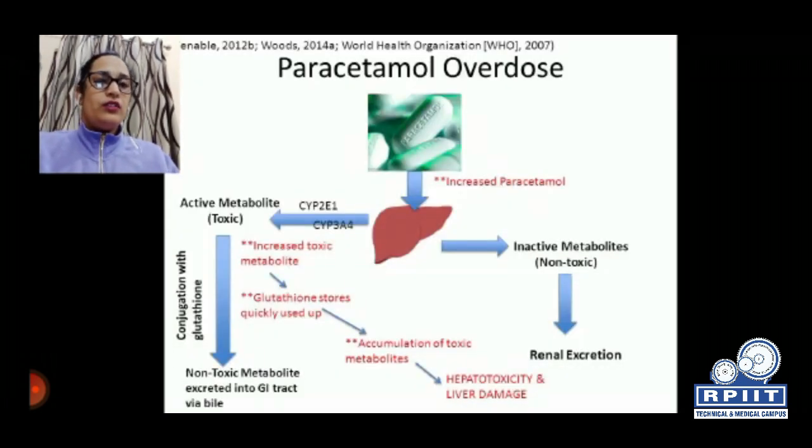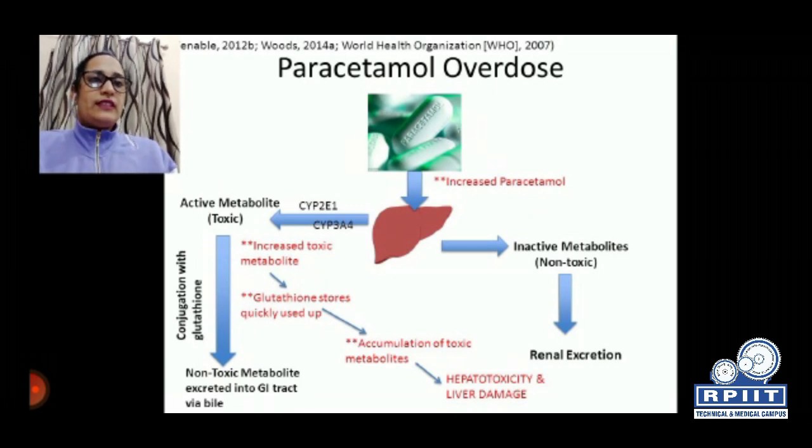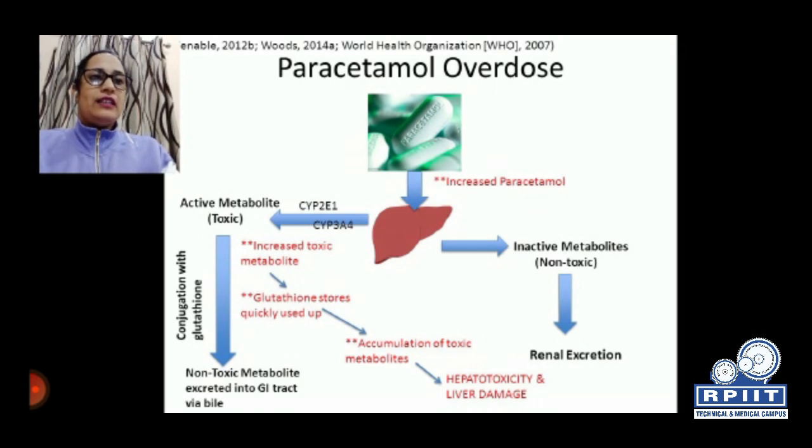Paracetamol overdose is toxic. Due to overdose of paracetamol, it is converted into active as well as inactive metabolites. The inactive metabolites are excreted through the renal route, whereas the non-toxic active metabolites are excreted through the GIT.